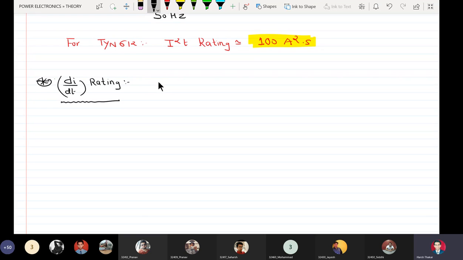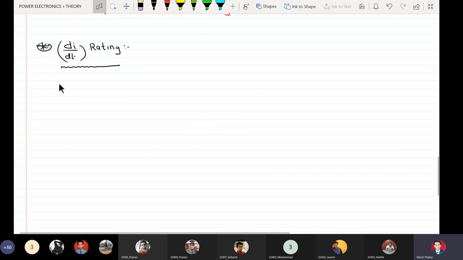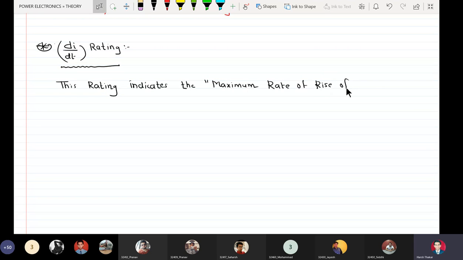It indicates the maximum rate of rise of anode to cathode current.